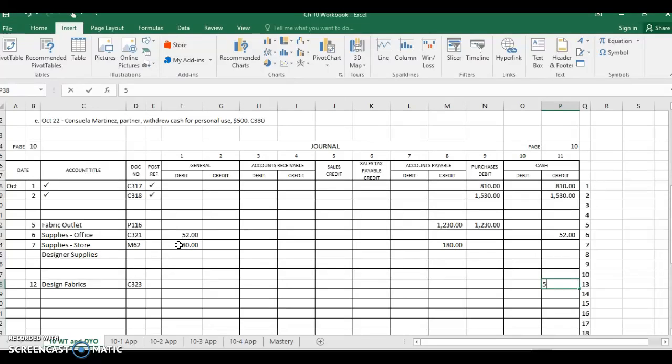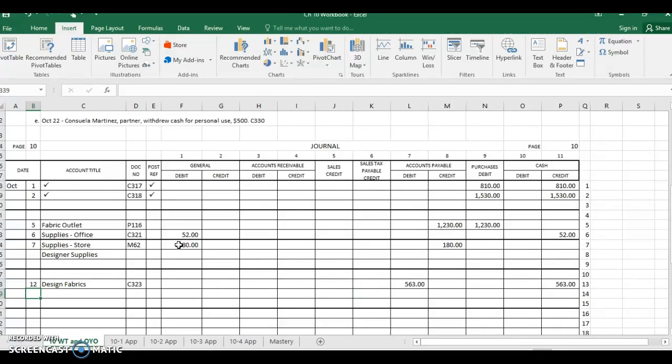So our amount is $563, cash credit. Anything dealing with a debt owed, we're looking at our accounts payable columns. Because we owe them less, we are putting money into that. So we have accounts payable debit, 563. And that one is done.